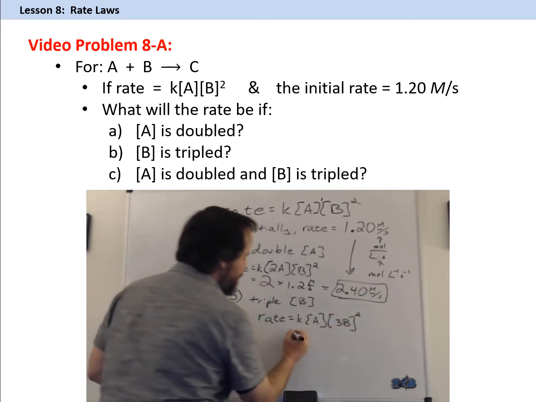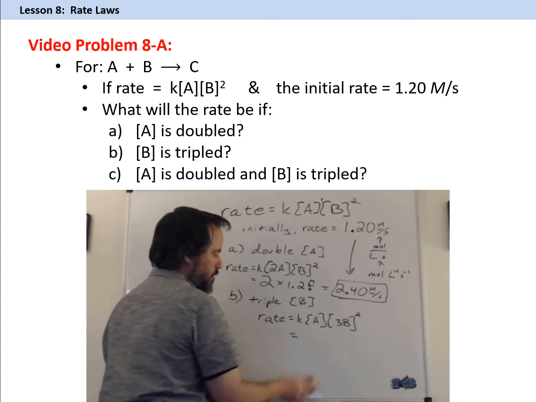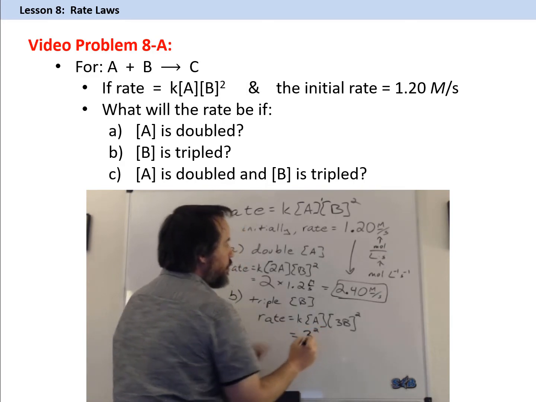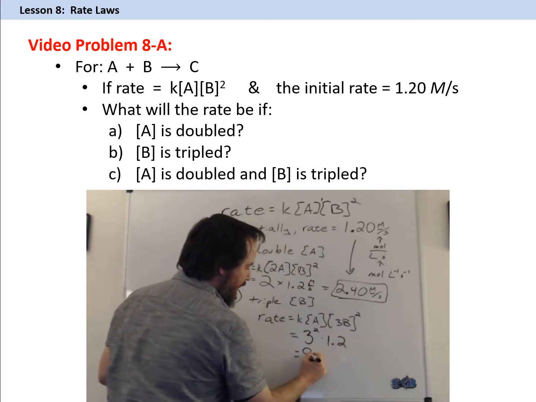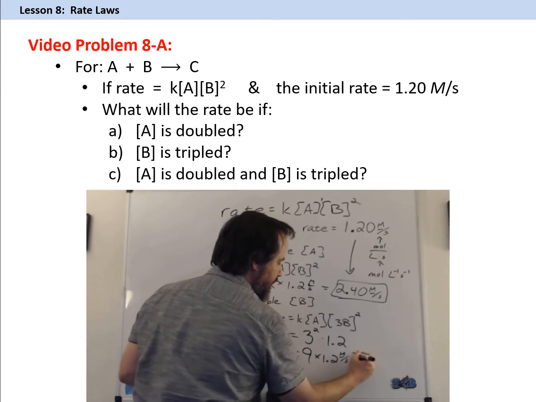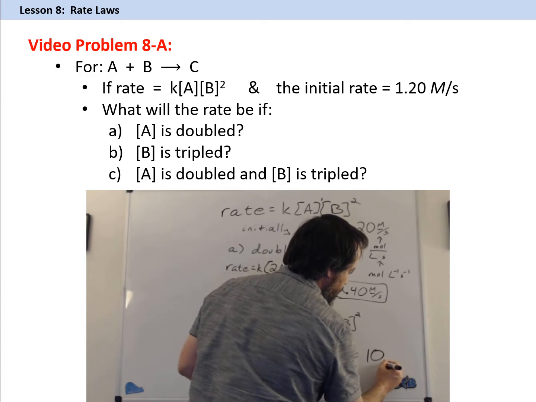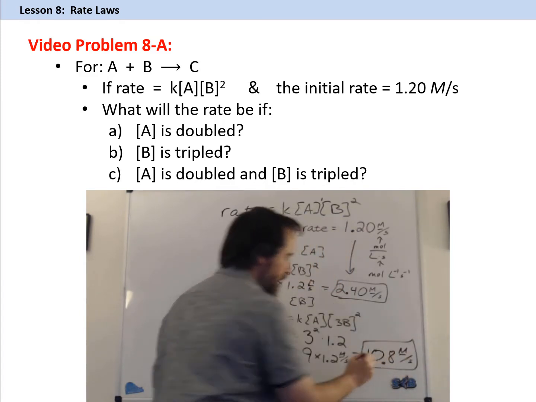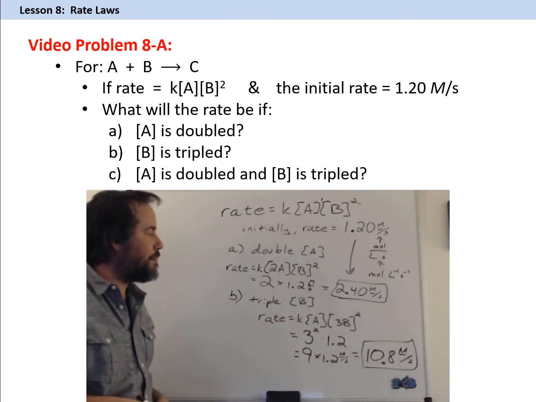So what that means is my rate is going to be 9 times as big, or 3 squared is big, right? So 3 squared times 1.2, or 9 times 1.2 molar per second, and that's going to get me 10.8 molar per second, okay? Notice the units don't change because I'm just multiplying by some number.